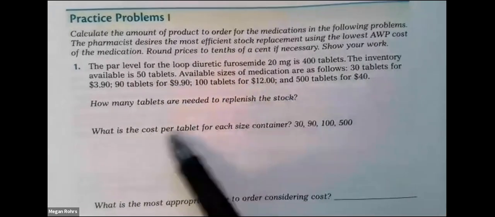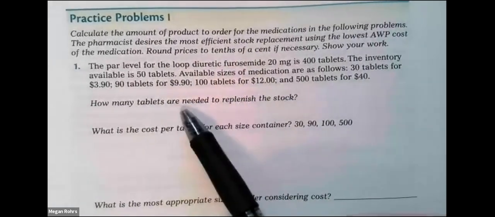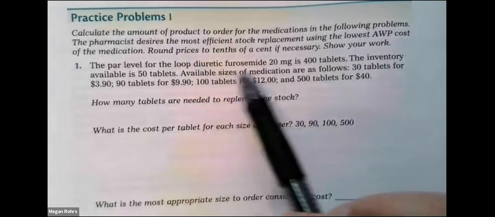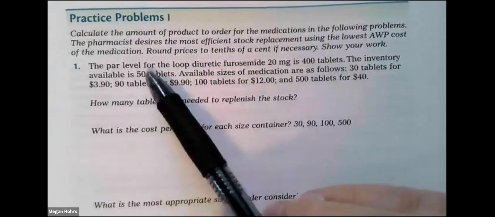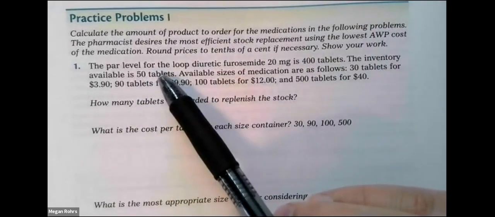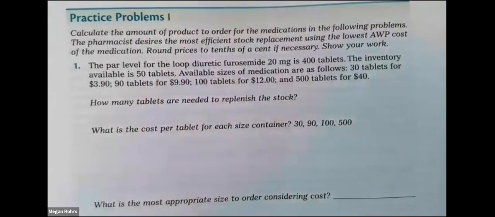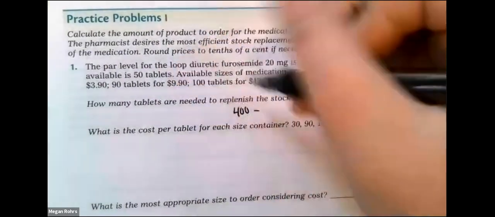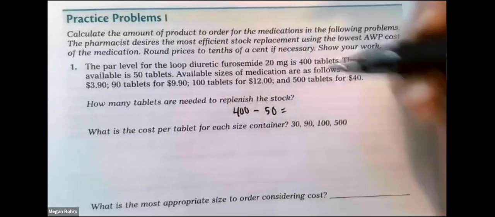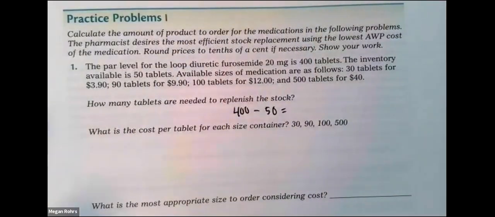Well, this is saying how many tablets do we need to reorder? We want to keep 400 tablets on hand. We have only 50 tablets in stock. So remember, the difference between the par level, 400, and what we have in stock, which is 50, is how much we need to reorder.